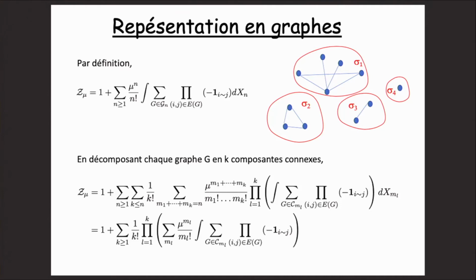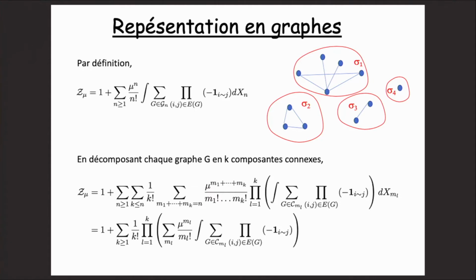Maybe you need a bit of time to do the computation by yourself, but there is no difficulty here. You just rewrite this by expanding everything and decomposing each connected component. And here you just need to compute how many ways you have to decompose with the same connected components.